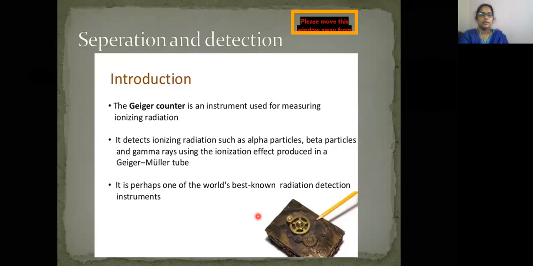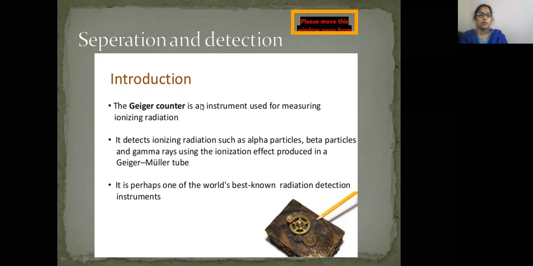So now next is separation. Before going for the detection, immediately after introducing the radio labeled compounds into the plants, you have to allow the plant time so that the introduced labeled compounds are involved in the various reactions taking place. They should be involved in the reactions which we wanted to study.